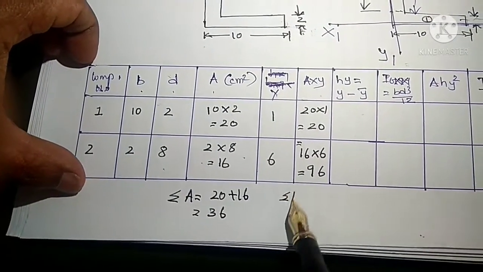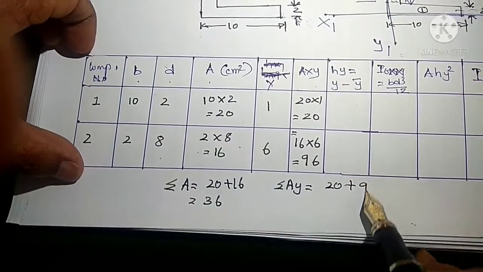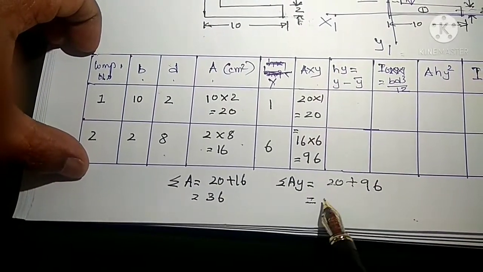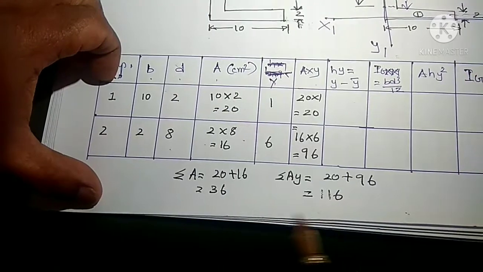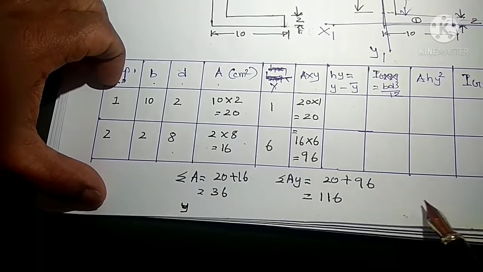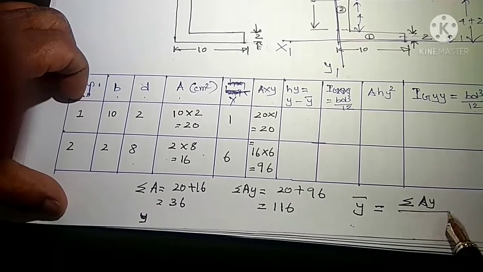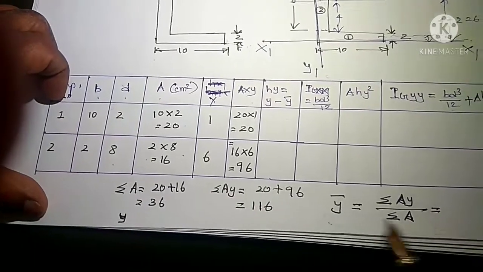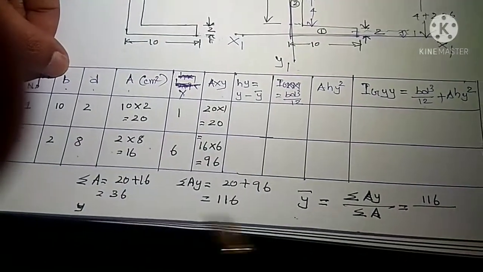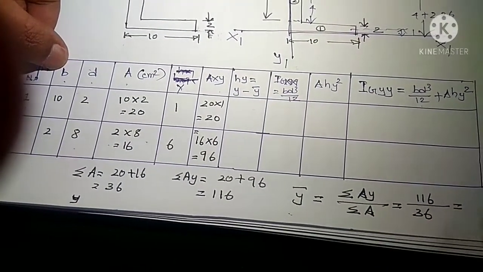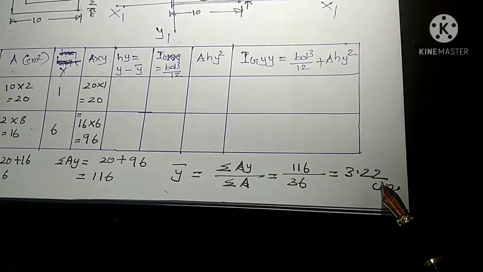Sigma AY is 20 plus 96, which is equal to 116. Then you know that the centroid y bar is equal to sigma AY divided by sigma A, which is 116 divided by 36, which is equal to 3.22 centimeter. That is, y bar is equal to 3.22 centimeter.